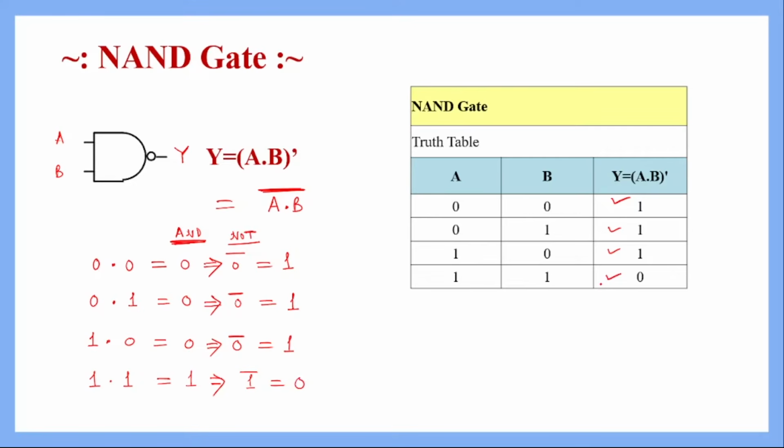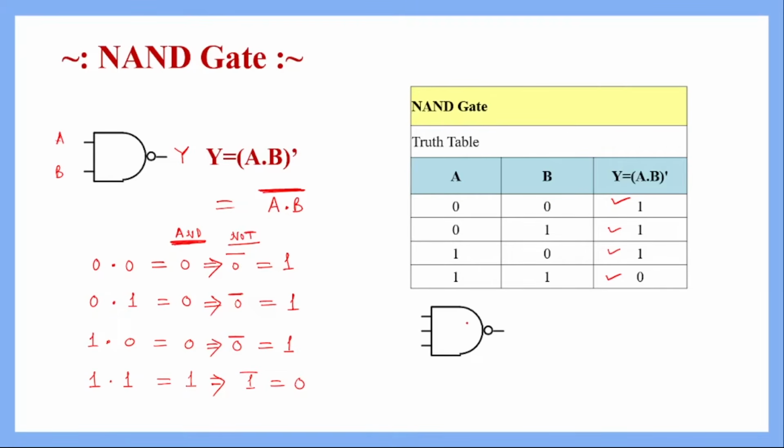So the operation of NAND gate is what? When both the inputs are 1, means when they are at logical high level, then the output is 0. Otherwise, if one of the inputs is 0, means at logical low level, then the output of that gate is at logical high level, just opposite to the AND gate or the complement of the result of AND gate.